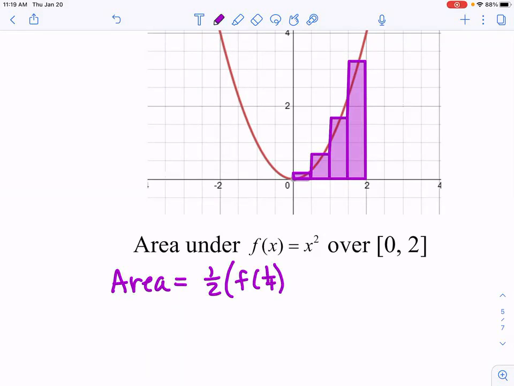So we're just gonna keep adding delta x to this 1/4. So if we add 1/2, we get 3/4. If we add 1/2, we get 5/4. If we add 1/2, we get 7/4. And that's my last midpoint because we have 4 rectangles.